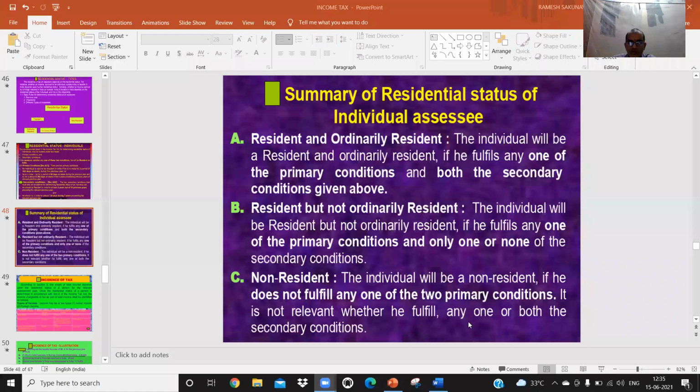But before that, let me do this thing. Okay. So you are able to see the screen, no? This PowerPoint presentation, summary of residential status of individual assessee.